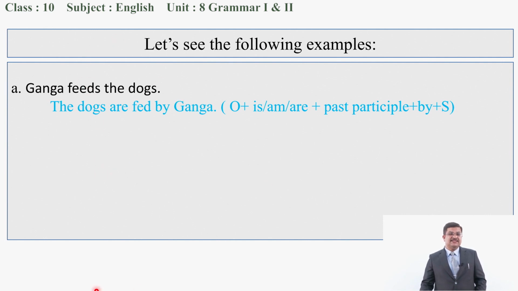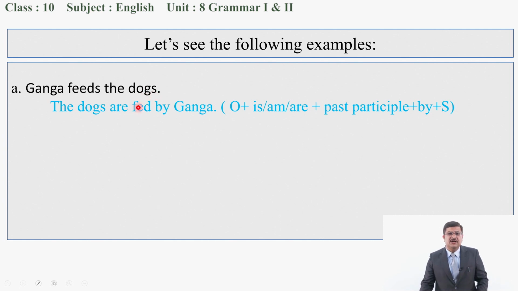In this sentence, Ganga is a subject, feeds is a verb, it is with S or ES form of the verb. Sometimes we may have ES form of the verb, but here we have S form of the verb. That's why feed becomes feeds. And the dogs here in the sentence is an object.